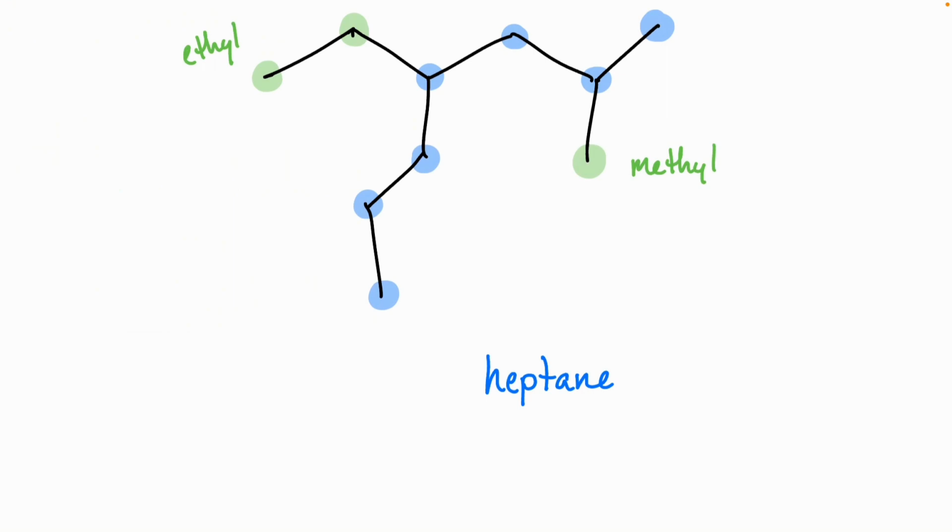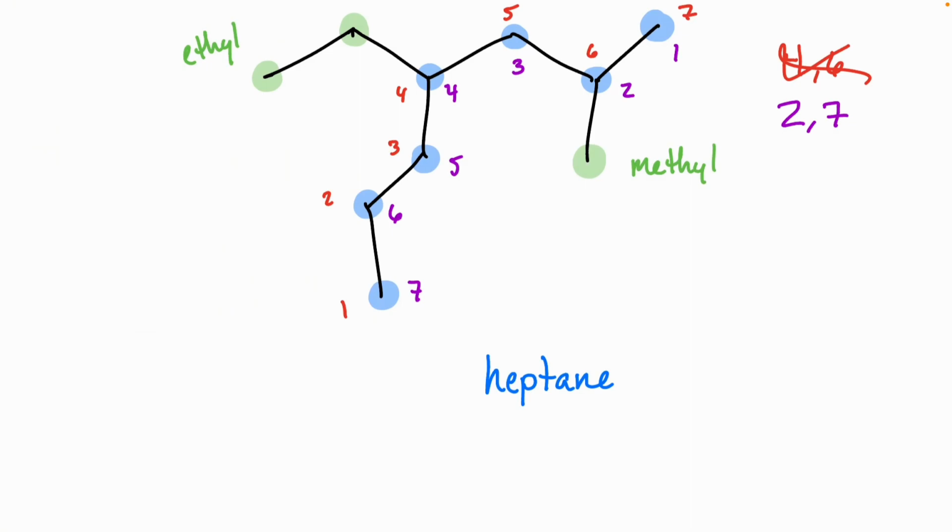Again, I'm going to number my parent chain. 1, 2, 3, 4, 5, 6, 7. So purple is a 2 and a 7. Red was a 4 and a 6, right? So then it's going to be my purple numbering scheme.